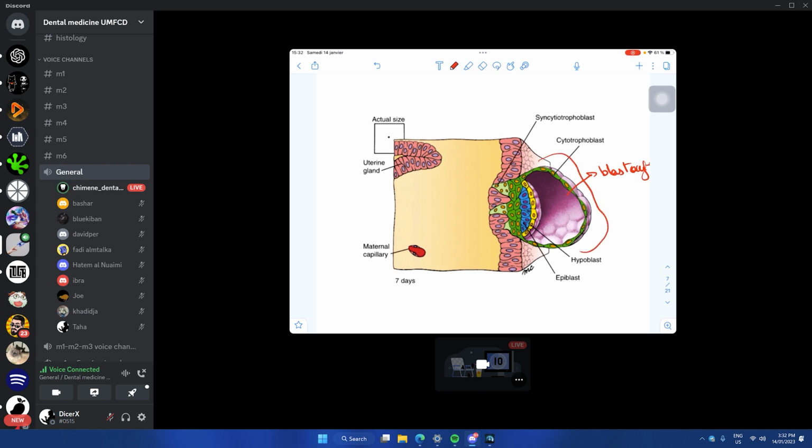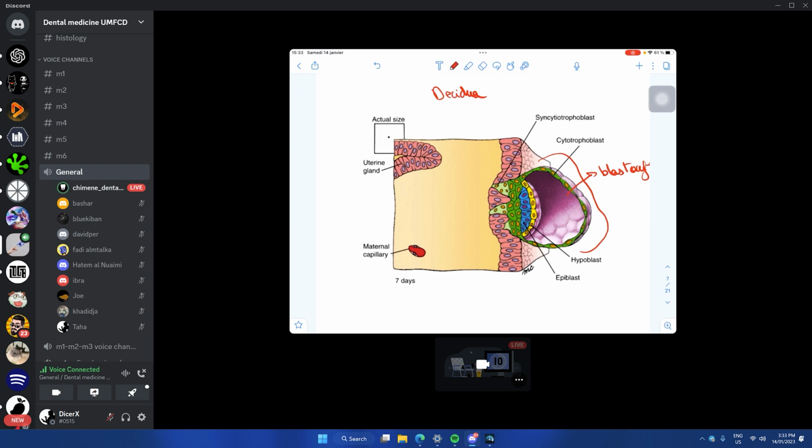If your professors ask you about the decidua, first of all, what is the decidua? A lot of people in my groups asked me, Chimène, what is the decidua? The decidua is like a temporary lining of cells. It will not stay here, it's only for a certain period of time.